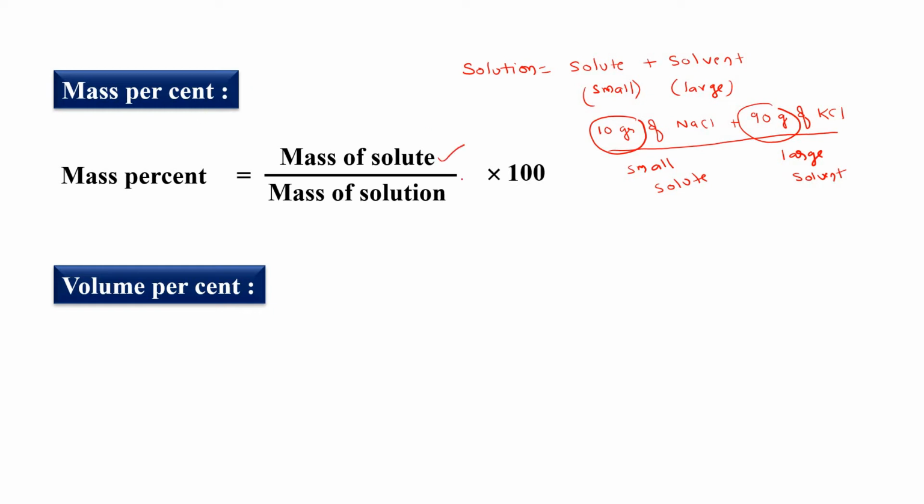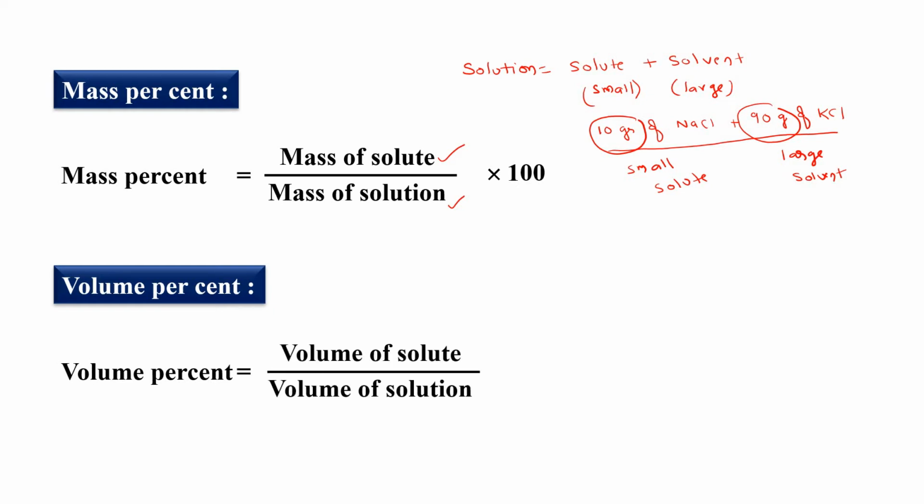Mass of solute divided by mass of solution in grams, into 100. What about volume percentage? Volume is represented in terms of ml. Volume of the solute divided by volume of the solution into 100. Here we take grams, there we take ml. That is the only difference.